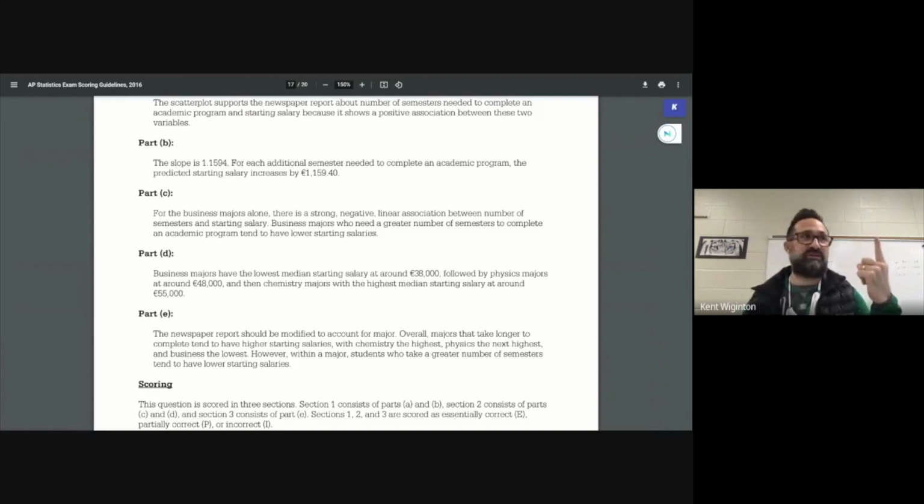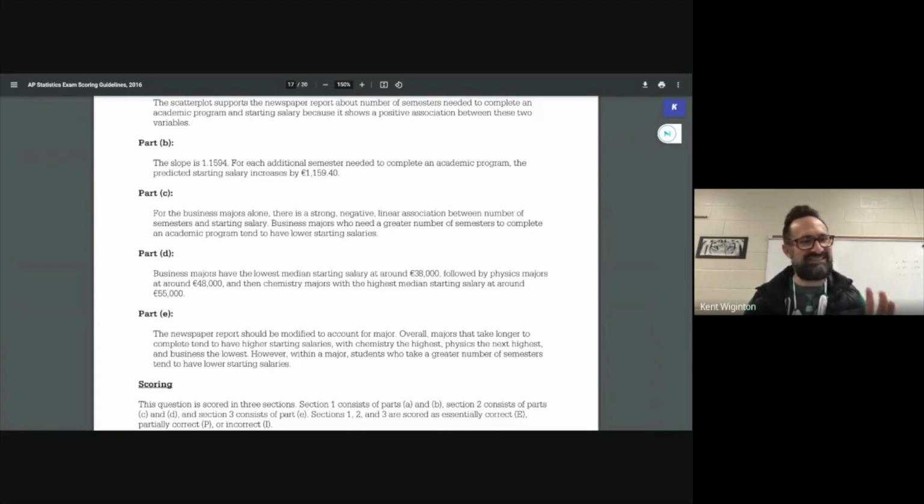Strength, direction, form is what I've always told you to do with scatter plot. Now, the question here, do I get credit for not mentioning all 3? We'll come back to that. What you did have to tell me here was that it was a strong negative linear relationship. You had to mention a few of those things, and I'll talk about a little bit in a minute exactly what. But if you said that, that's essentially correct.